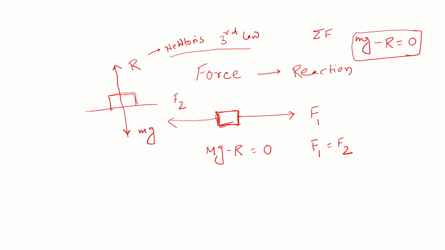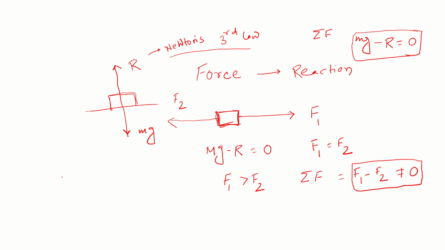Now consider if F1 is greater than F2. That means क्या होगा? There will be additional force, है ना? Net force, अगर मैं जो net force का बात कर रहा था, that is summation of F. अगर F1 is greater than F2, that means this is not equal to 0. If F1 is greater than F2, then F1 minus F2 is not equal to 0.